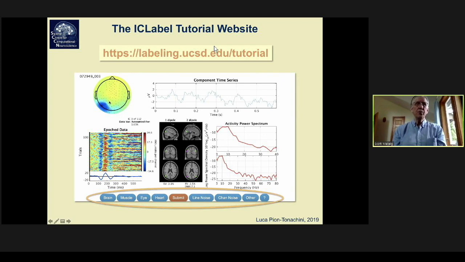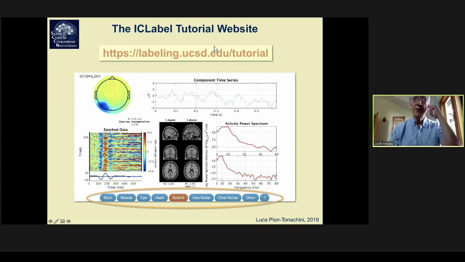Now, then it gives you a panel here. So you press what you think this is. I would say this is a brain component. Look, it has an ERP. It has reasonable activity, although a little dominated here by a certain frequency. The scalp map is highly dipolar. So I would say brain, and then I would hit submit.